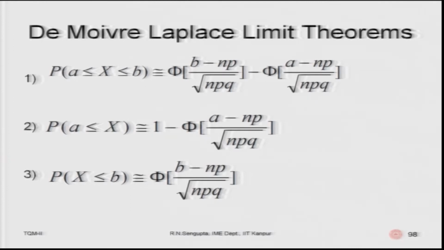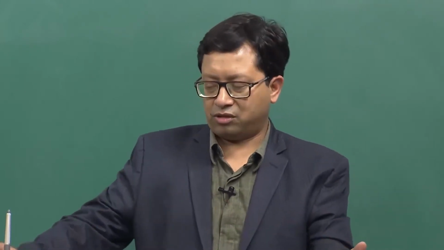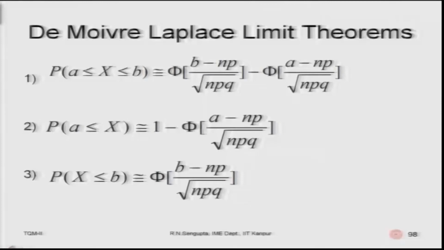You convert to the standard normal as x minus mu divided by the standard deviation. Here the standard deviation is the square root of npq and the mean value is np, and from that you can find the values as given.